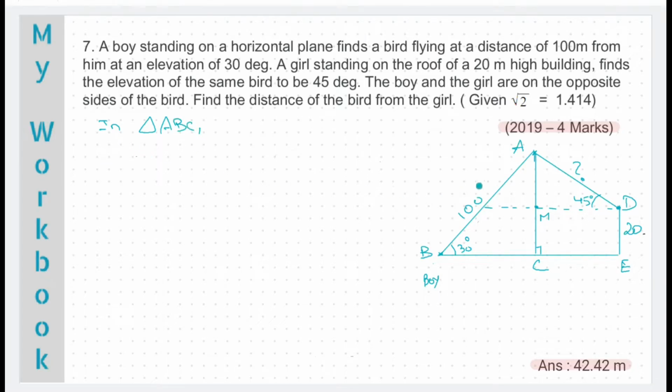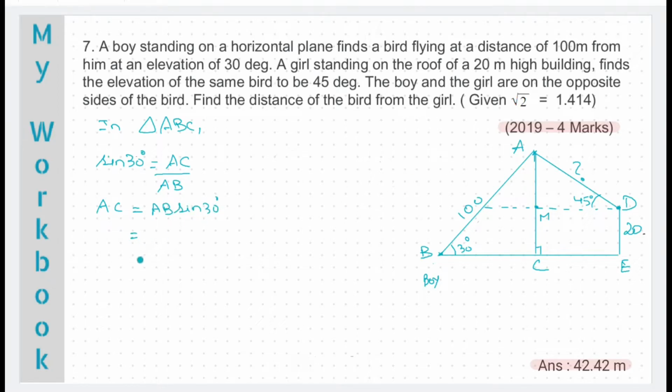we know the hypotenuse. Let's try finding the opposite side, which is AC. So we need a relationship between the opposite side and the hypotenuse. So it is sine. Sine of 30 degrees is opposite side AC divided by hypotenuse AB. So AC is AB into sine 30 degrees.